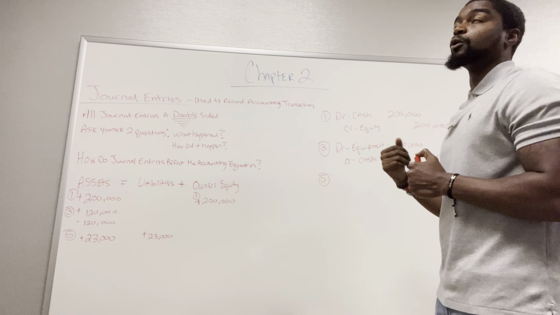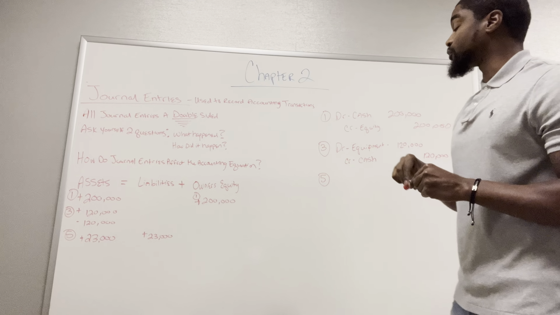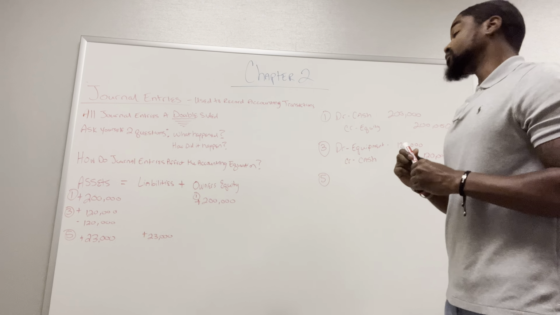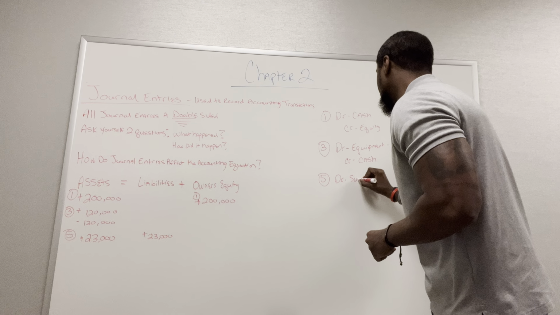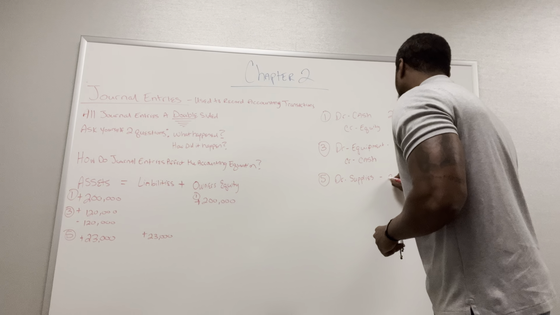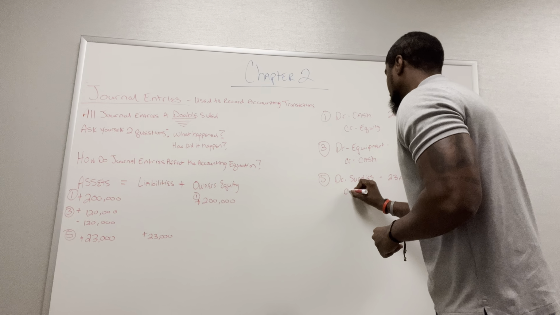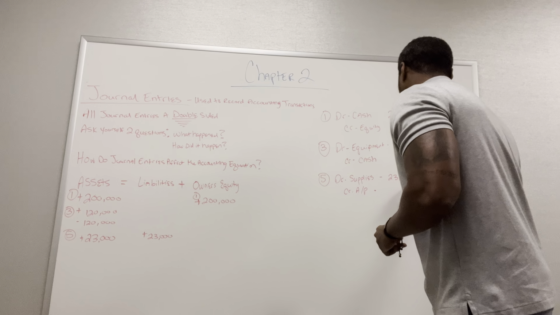That means that we have opened up a line of credit with whatever company we purchased from. So in 5, we purchase supplies on account. So we're going to increase our supplies with a debit to supplies for 23,000, and then a credit to accounts payable for 23,000.